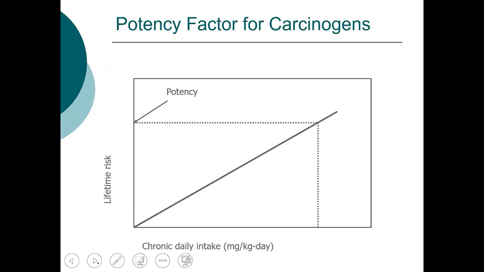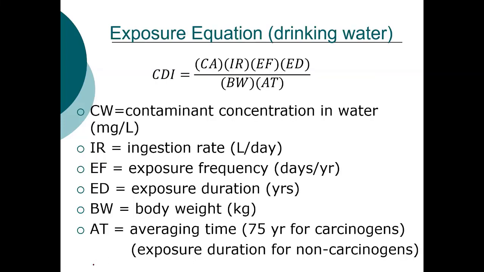You can see that in this figure here, we're looking at lifetime risk versus the chronic daily intake. So there is some risk. It's never really zero. It may approach zero, but it's never truly zero. And that risk is based on the exposure. So this involves calculating this chronic daily intake.